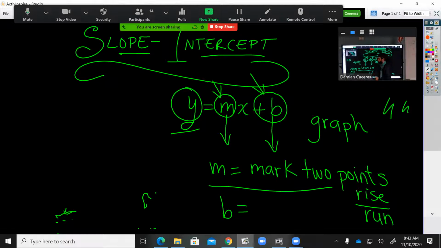We did that already. Now the only thing we're adding is looking for where the line touches the y-axis. That's it. Those are the only two things you need. The slope and the y-intercept, which is where the line touches the y-axis.